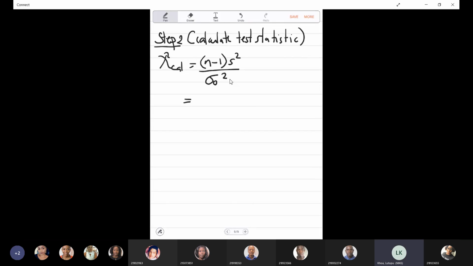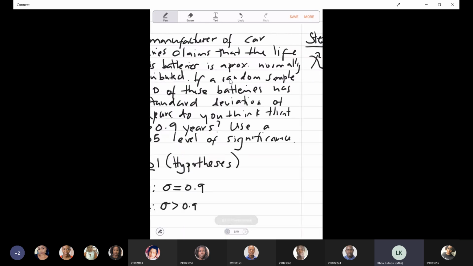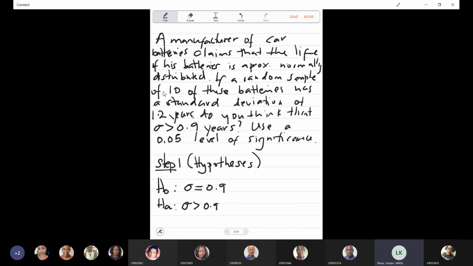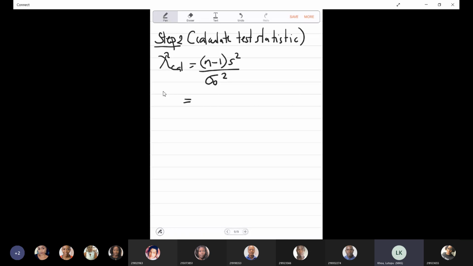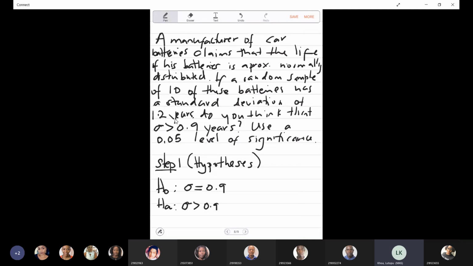We substitute the values. This is a sample of 10, so I will say 10 minus 1, which is 9. Then for s squared, we are told that the standard deviation is 1.2, so the sample variance, or s squared, is 1.2 squared.